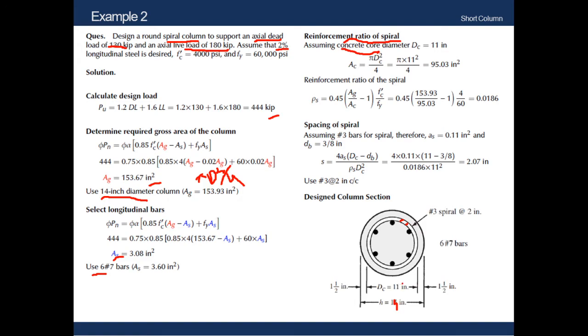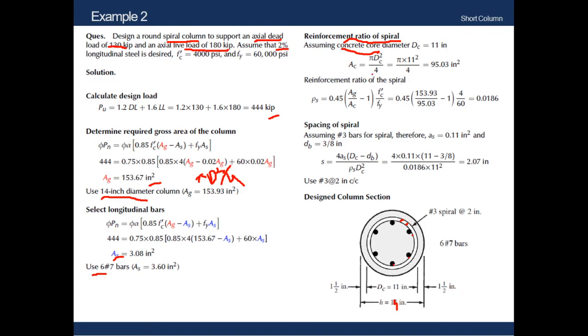So the diameter of the core will be 11 inch, in which the spirals should be placed, and the outside ones are clear cover. Inside this 11 inch, the longitudinal bars will be placed. So the diameter of the core is 11 inch.